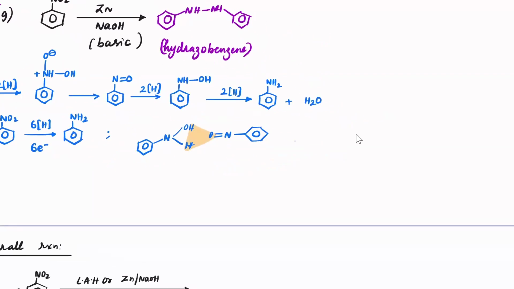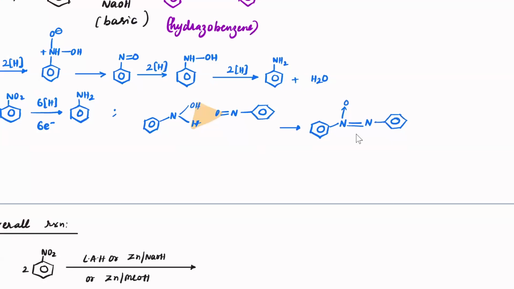After removal of water, it will go through reduction, with N and O here, and then nitrogen double bond nitrogen. This is a compound that might be formed. This is called azoxybenzene.